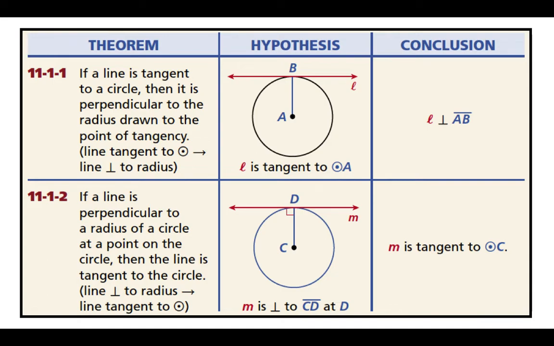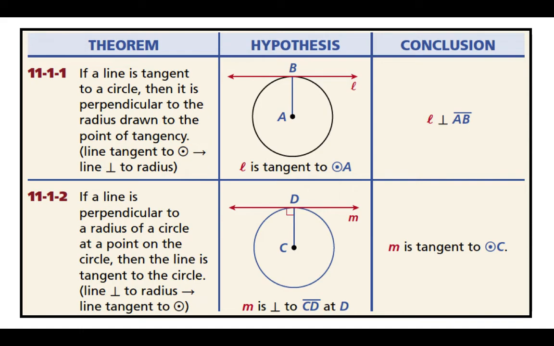The converse of that, which is our second theorem, is if a line is in fact perpendicular to the radius at a point on the circle, then it is in fact also a tangent line to the circle.